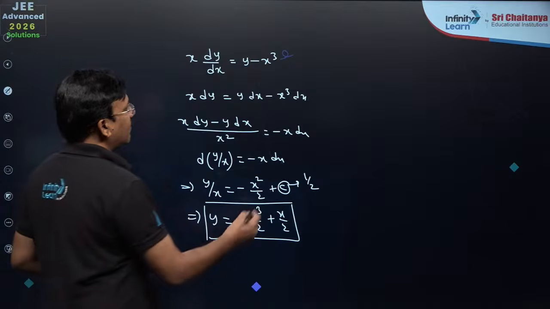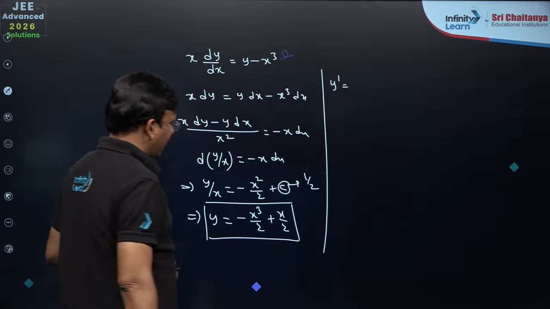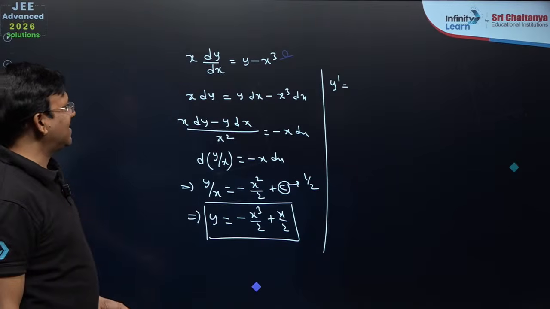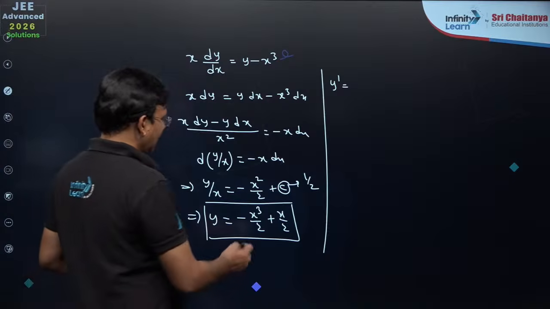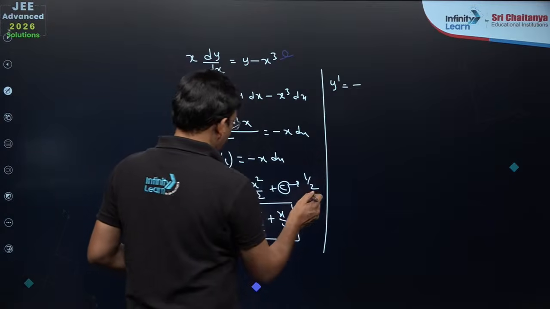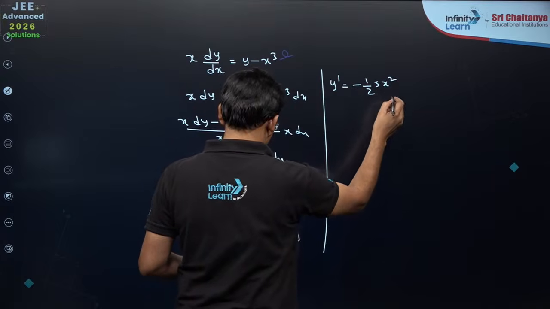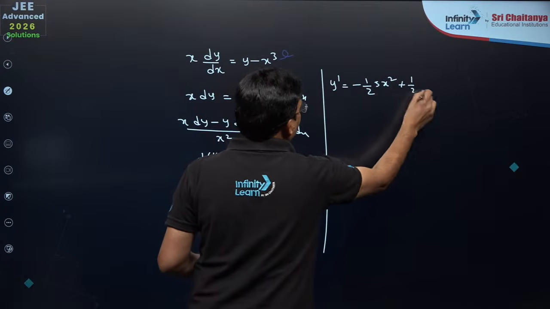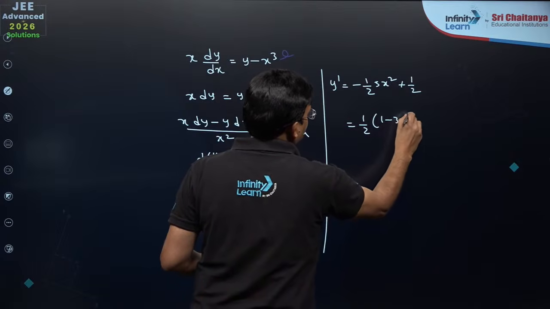For that, my dear friends, you just find y dash. Of course, y dash is this itself: minus x cube by 2 plus x by 2, which is half into (1 minus 3x square).